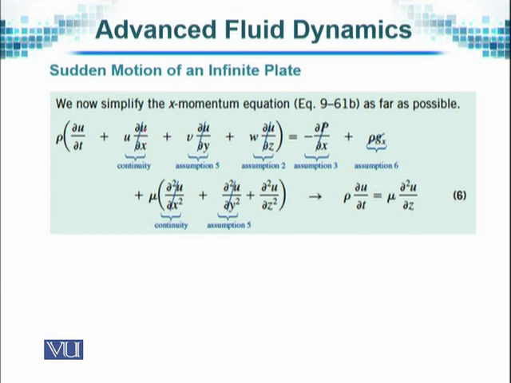Du by dy is anyway 0 because no motion takes place in the y direction, and the partial derivative of u with respect to z is also 0 by virtue of assumption 2, which we have listed earlier. dp by dx is also 0, because pressure does not change with respect to x, and there is no component of gravity in the x direction.